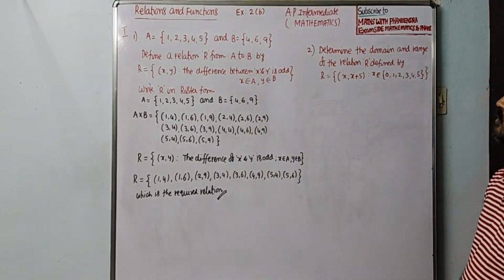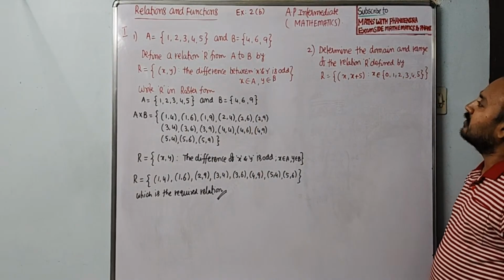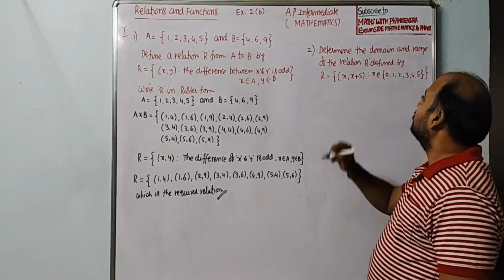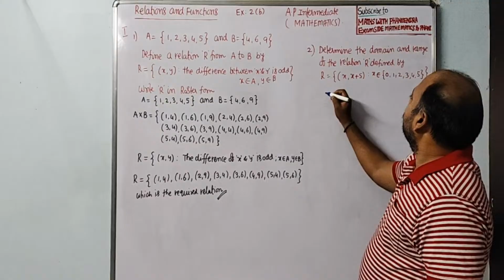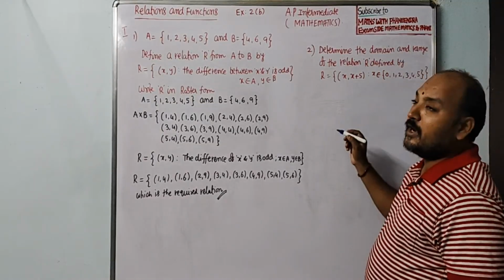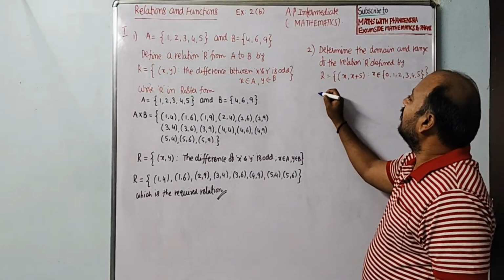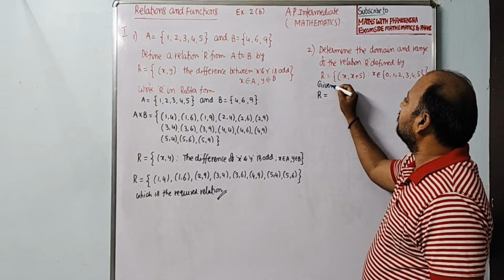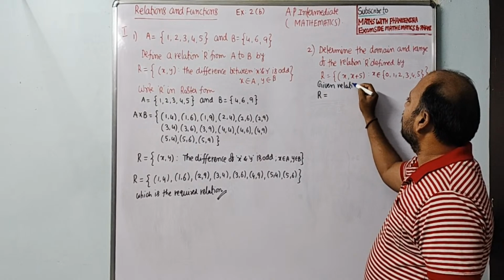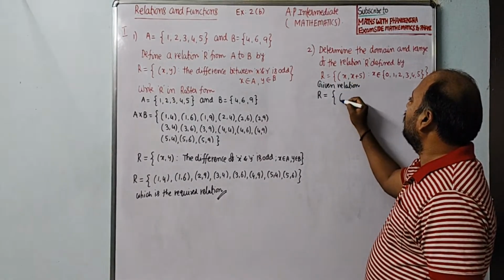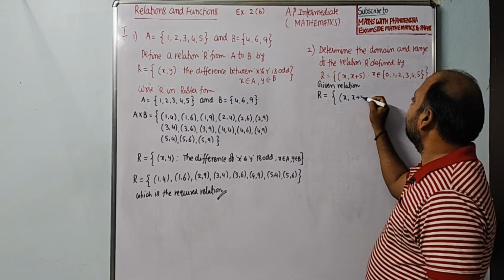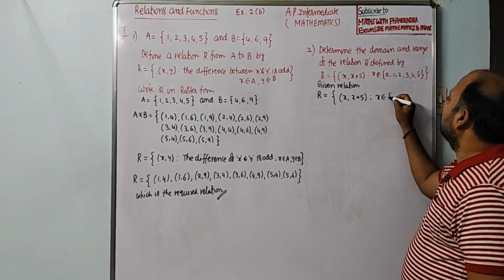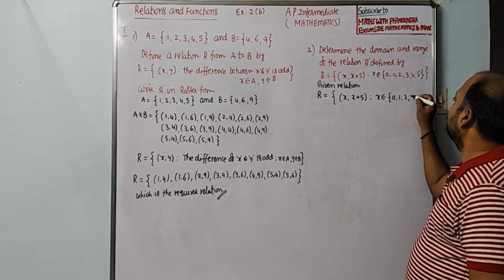Come to question number 2. Determine the domain and range of the relation R defined by R equal to. So they are asking to find the domain and range. First, the given relation R equal to {(x, x plus 5) such that x belongs to {0, 1, 2, 3, 4, 5}}.